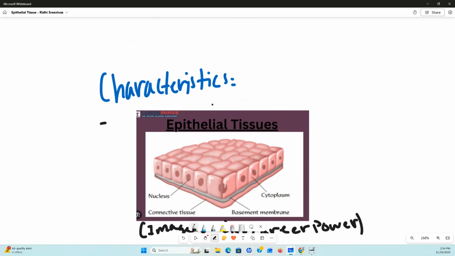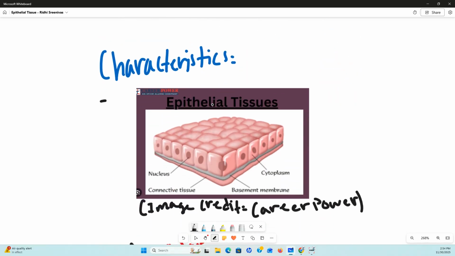But let's first go into some of the general characteristics of epithelial tissue. So first of all, the cells in epithelial tissue are bound to something called a basement membrane. So these are the epithelial cells, right? These cube ones, the cuboidal ones.